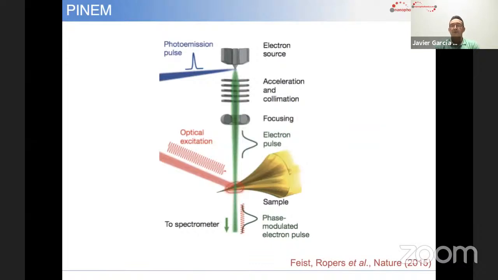Well, this is done in the context of PINEM, photon-induced near-field electron microscopy, in which you illuminate in a microscope the source, the tip that produces the electron source, with the laser pulse that produces the electrons, and then the electrons are focused onto the sample, and then part of the laser is diverted to the sample, and so you have a sample that is illuminated by both electrons and laser pulses of femtosecond duration.